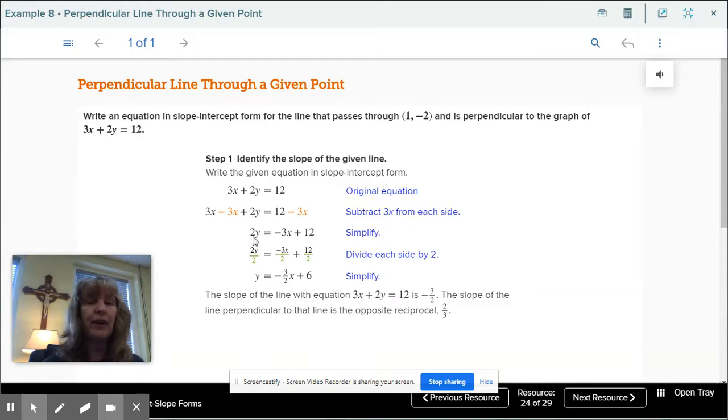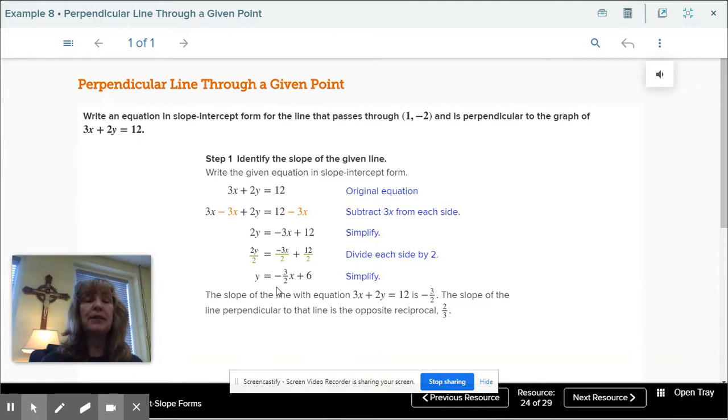Of course, you can't have a coefficient on the y, so you have to divide both sides by 2 to get y equals -3/2 x plus 6. The slope of this line is -3/2.